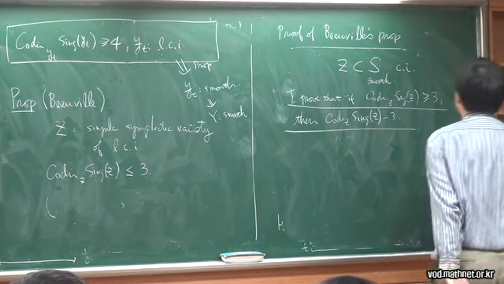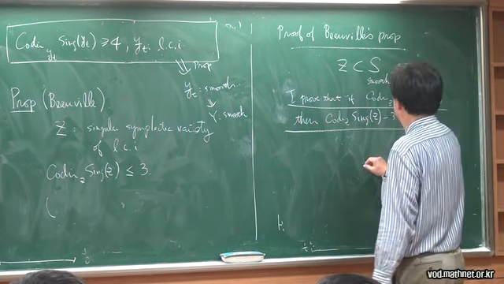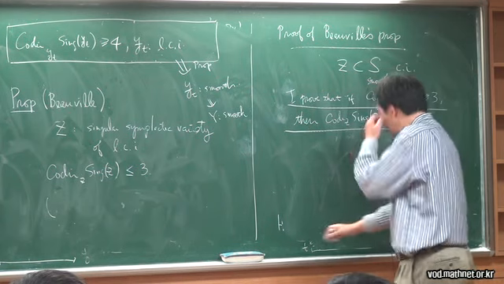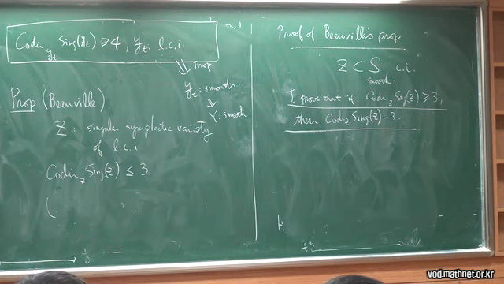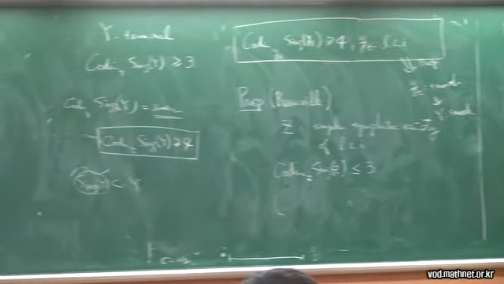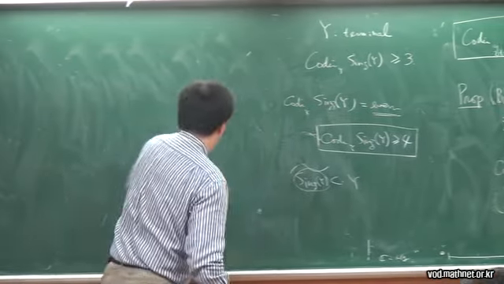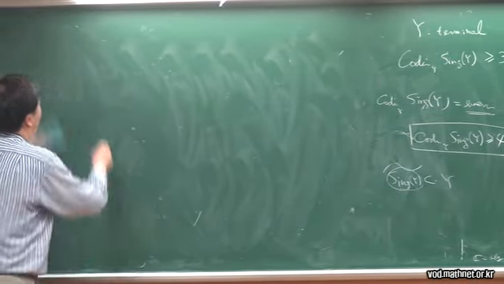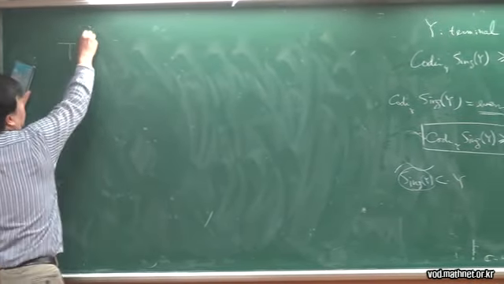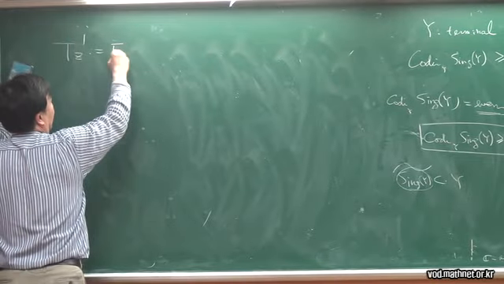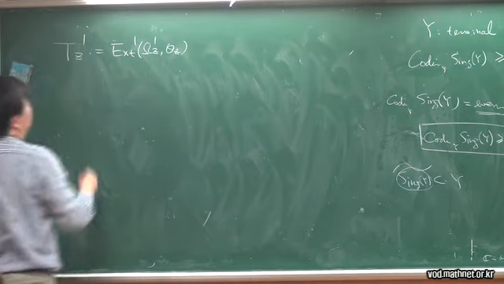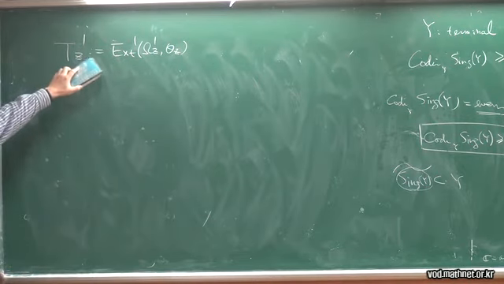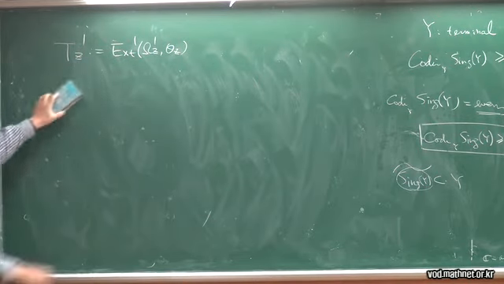Okay, so how to do this? The idea is the following. I consider this sheaf, the tangent sheaf. As you know, this has support only on the singular locus.